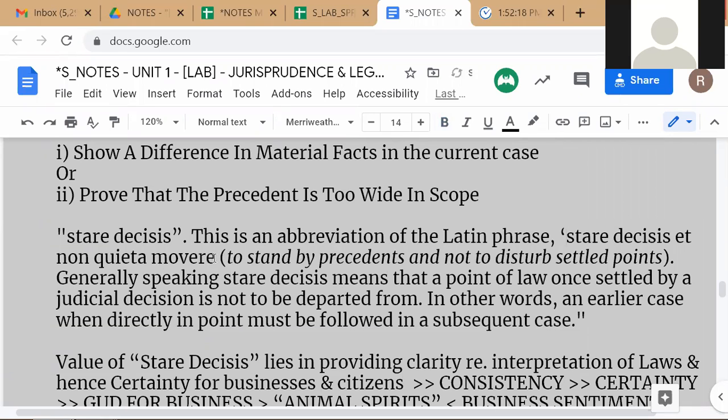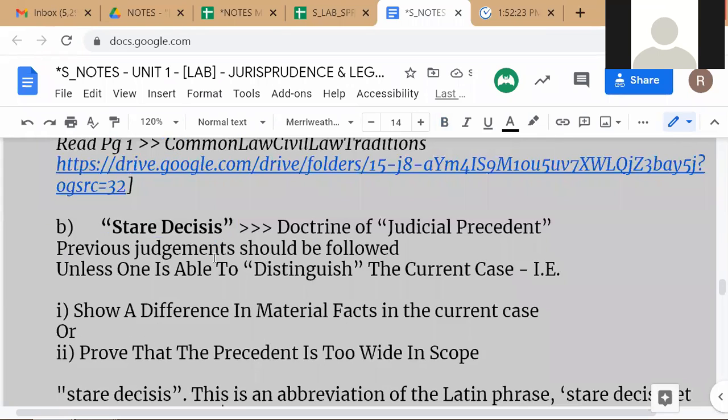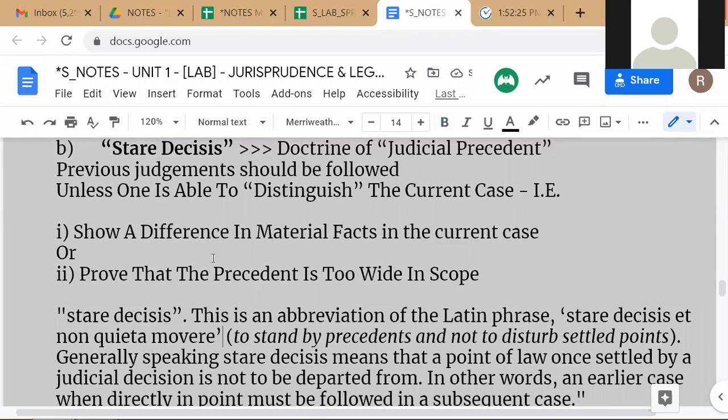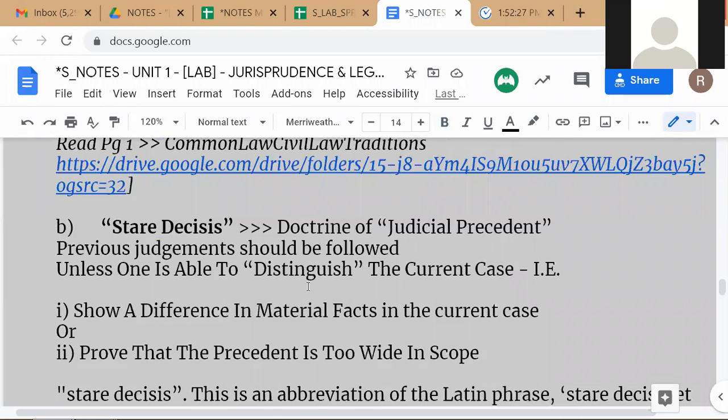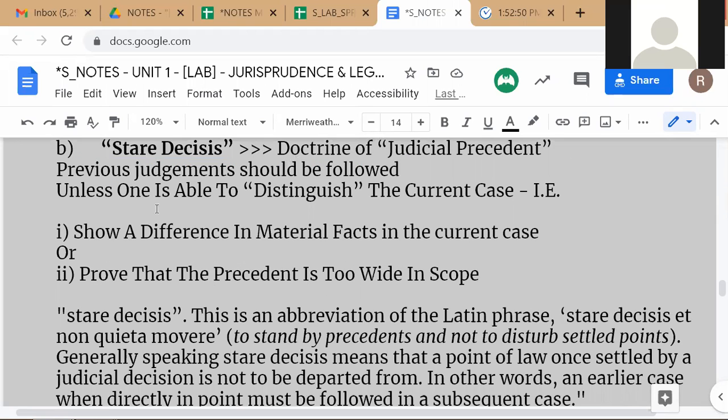You don't have to remember the Latin phrase, but just remember stare decisis, which means basically that when a matter has already been decided in a particular manner, and a similar matter comes up again, then you should decide the new matter in the same way that the previous matter was decided. You can see straight away that this has something to do with consistency. We will discuss this shortly, but this is what stare decisis basically means.